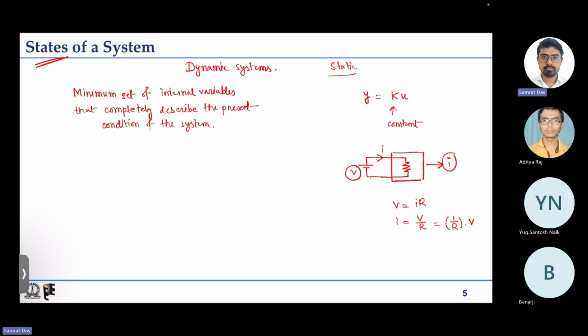So if you know the present state and the future input, that information will be enough for you to tell what the future behavior of the system is going to be.